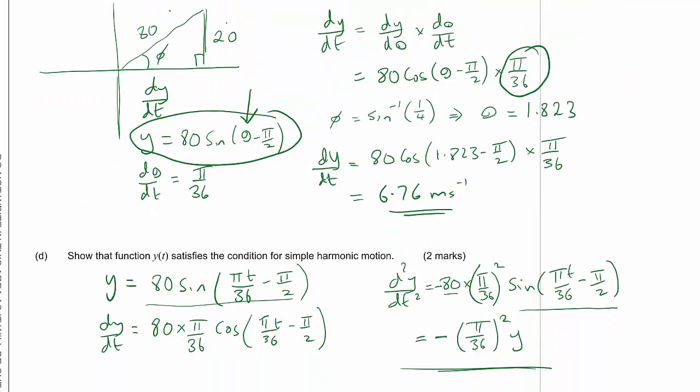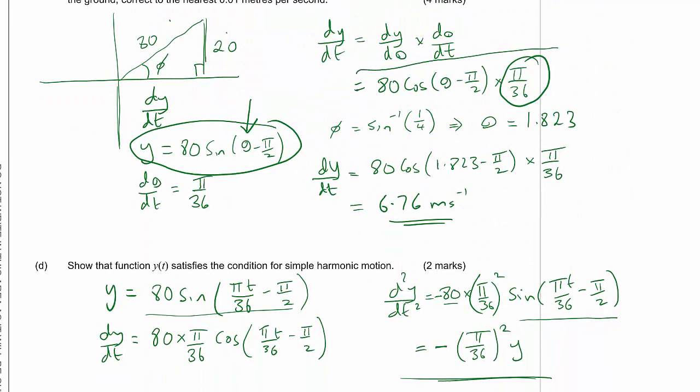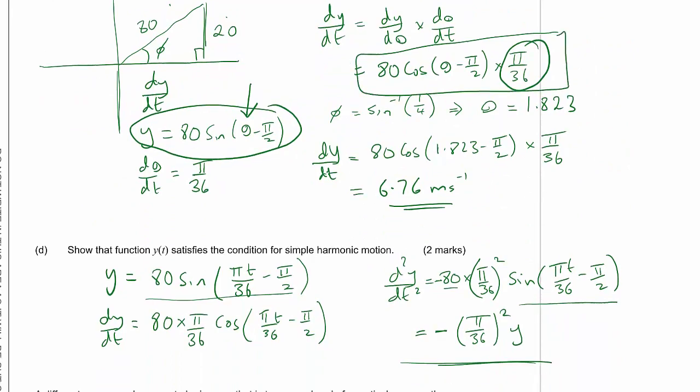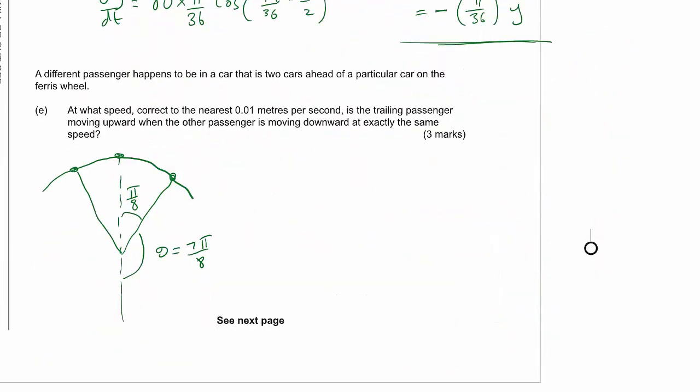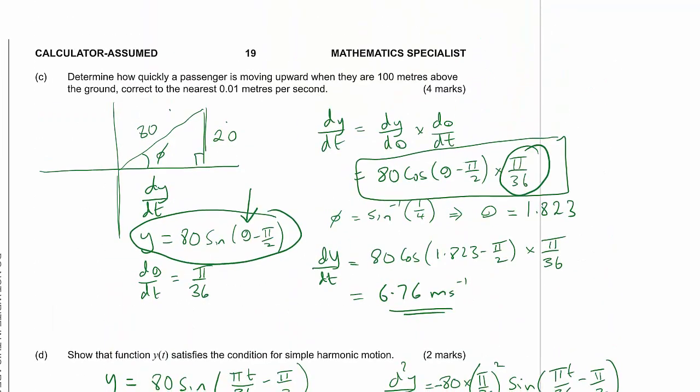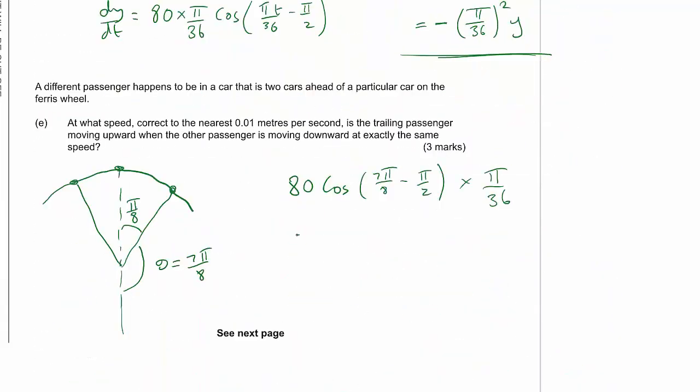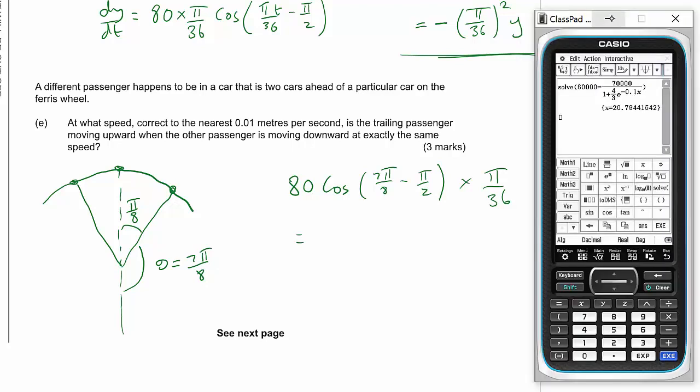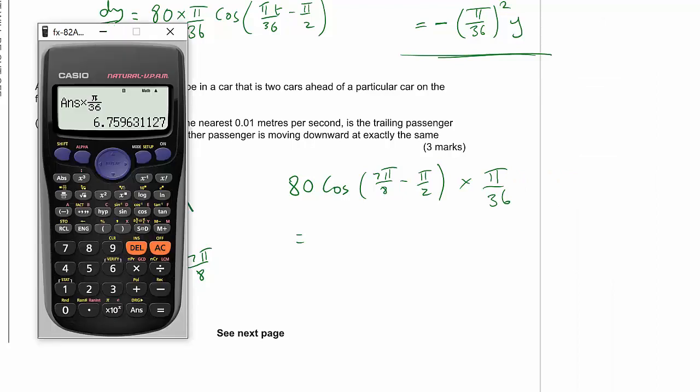So we can go back and grab this expression here, which is the dy dt. So we're going to have 80 cos 7 pi by 8 take away pi by 2 times pi on 36. Let's just go and check that that is correct. Yeah, that's okay. So let's use the scientific. It's easier when we do virtually anything that we don't need the other one for. So let's clear that.